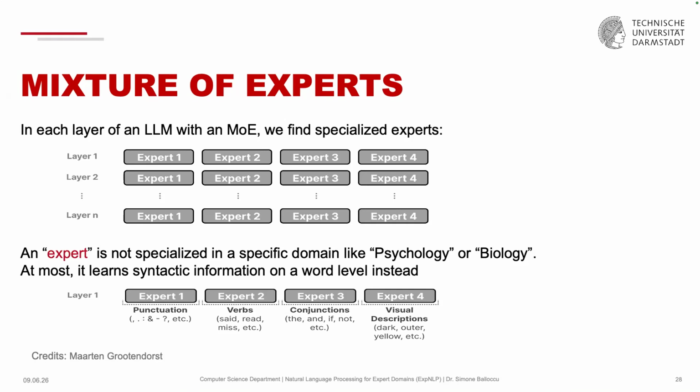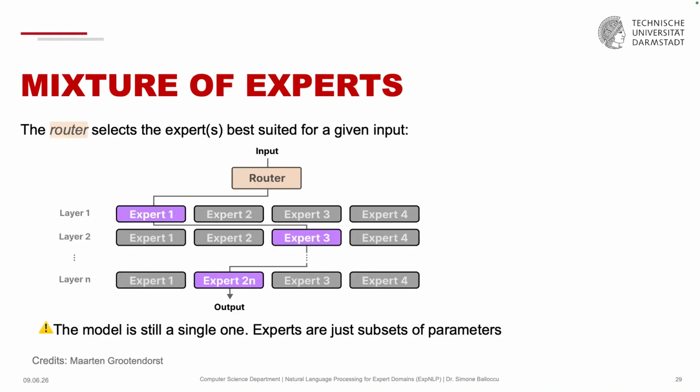This specialization would be in a way that one expert could handle punctuation better, and another would be better with verbs and so on. So we have a router on top that should decide on the selection of the expert. So the model kind of looks something like this.